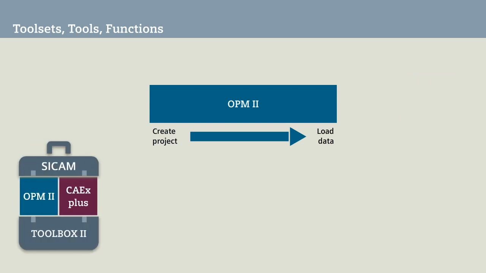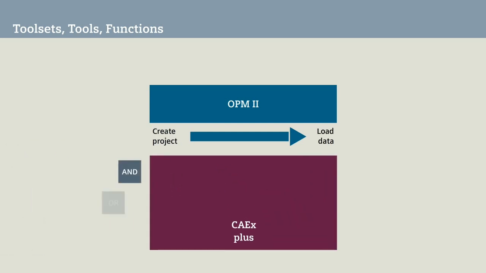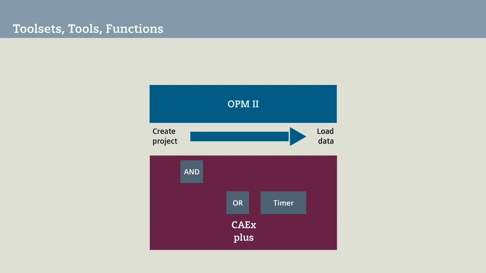If you would like to configure your own functions, for example for control tasks, you can use the CAE-X Plus for this. You create functions with parameter assignable function blocks, such as AND, OR, and NOT, flip-flops, timers, or clock generators. You place the required blocks in a function diagram and connect them with one another.